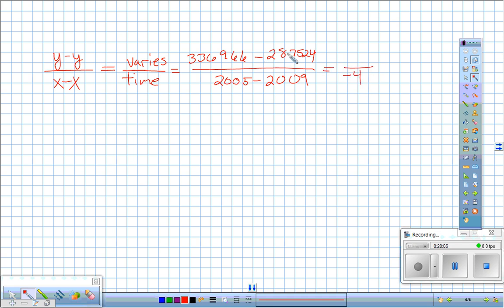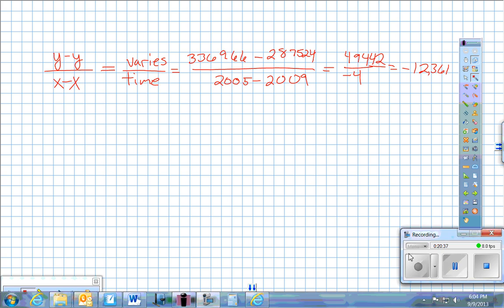So that's a 4-year difference. And 287 is smaller than this one, so I'm going to have a positive number on top, and they tell you that is 49,442. Since I have different signs, I will have a negative slope, and they tell you that is -12,361. So snowboard sales have gone down at about that time.